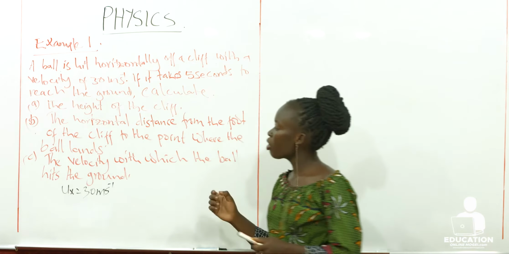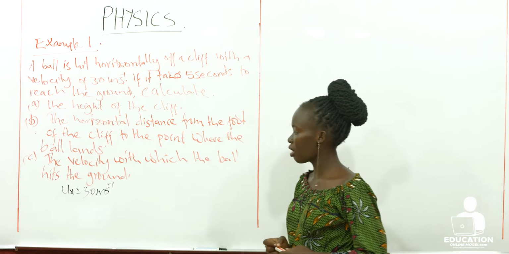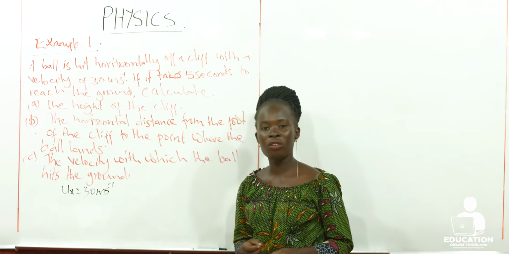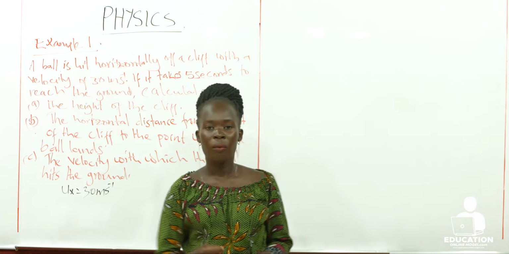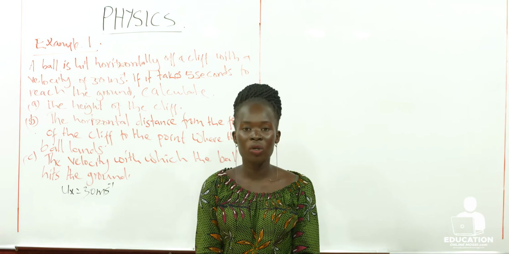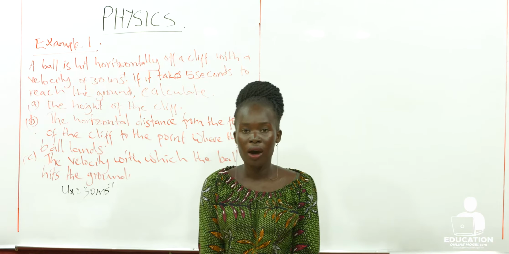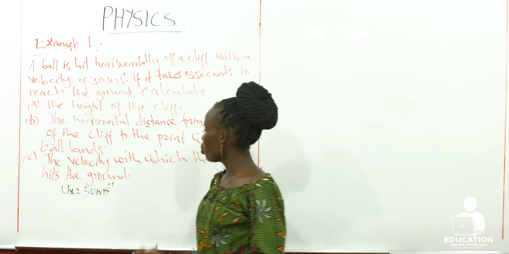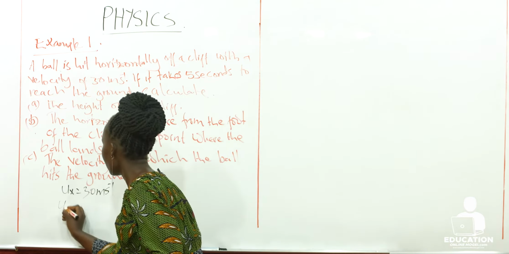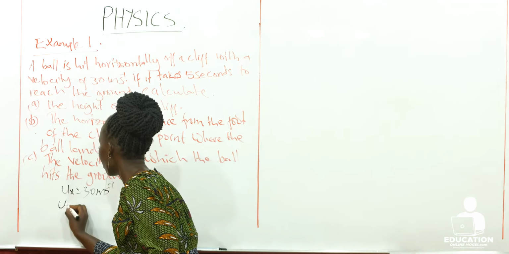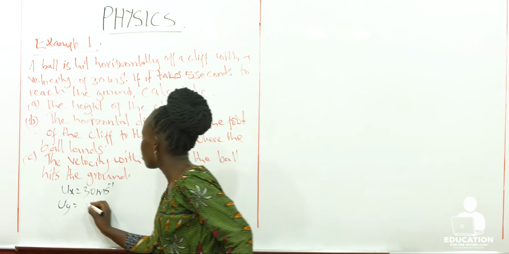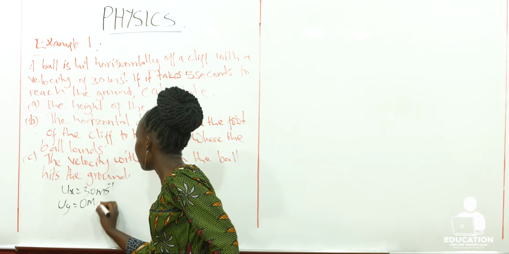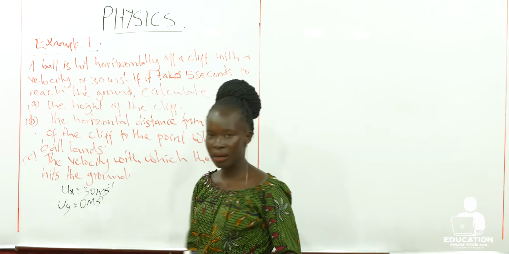If our ux is 30 meters per second, what was the initial velocity of this body when it was to start moving in the vertical motion? Meaning that our uy, the initial velocity when the body is moving in the vertical direction, will be 0 meters per second.